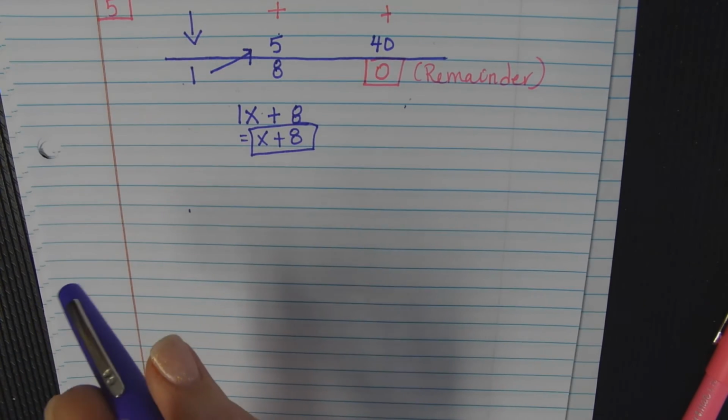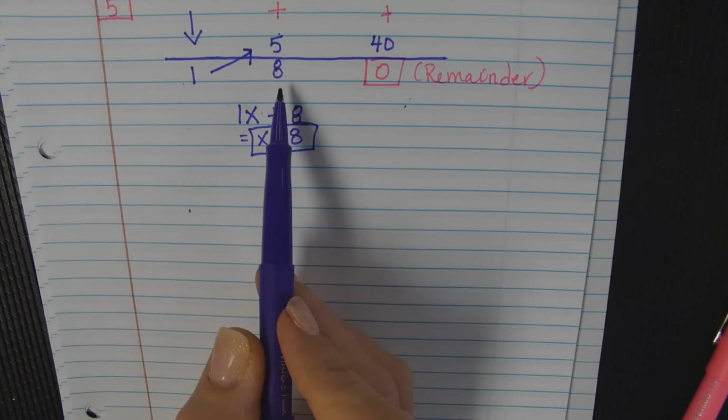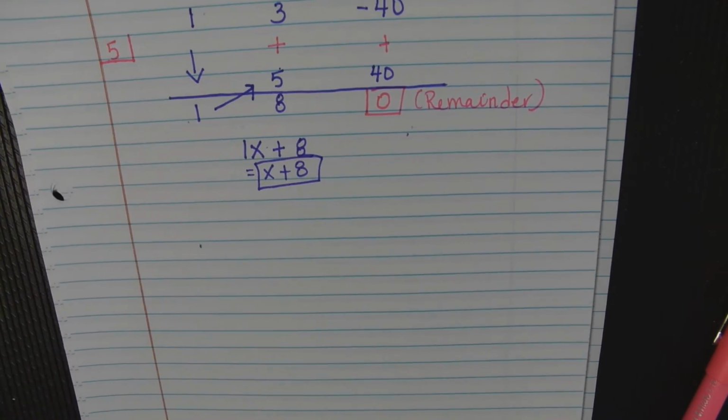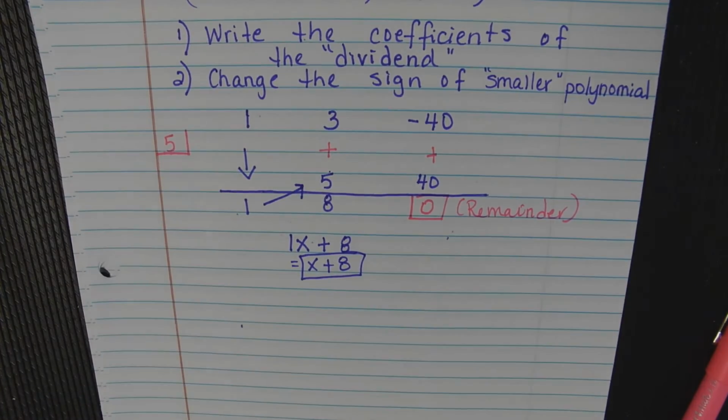It's just thinking backwards. It's x squared plus 3x minus 40 divided by x minus 5. Is it because there are always 2 terms instead of 3?